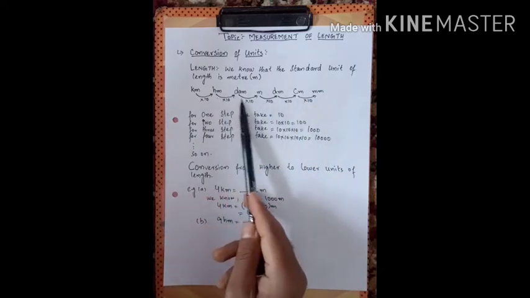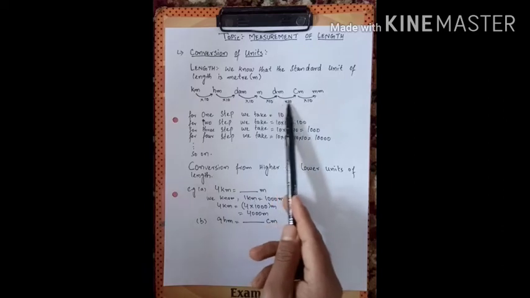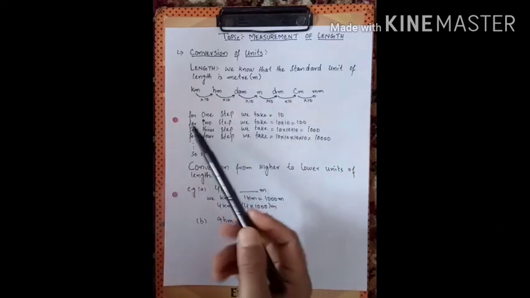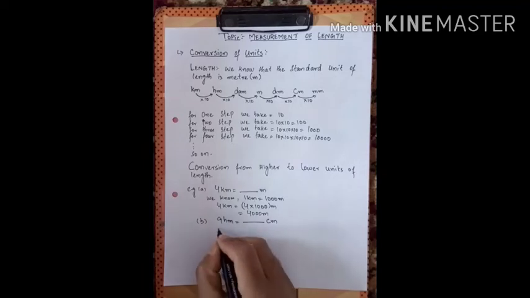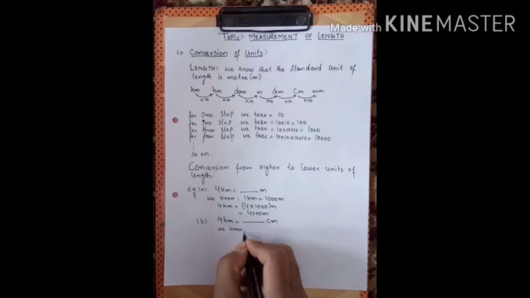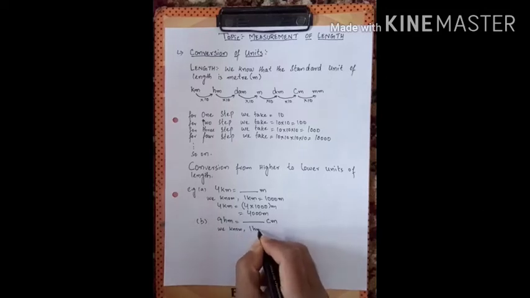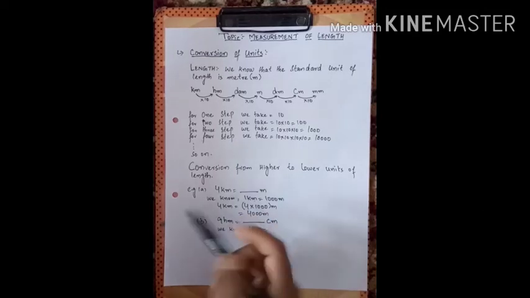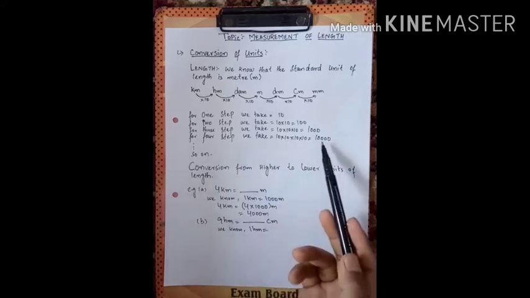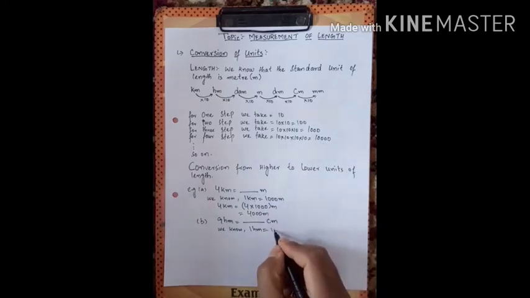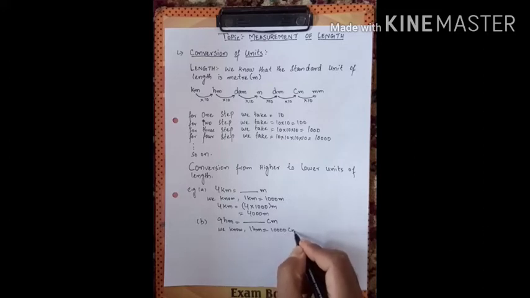This is 1, 2, 3 and 4. There are 4 steps between hectometer and centimeter. So, I write here, we know 1 hectometer is equal to, for 4 steps we take 10,000 centimeter.